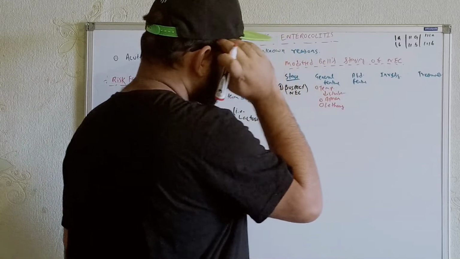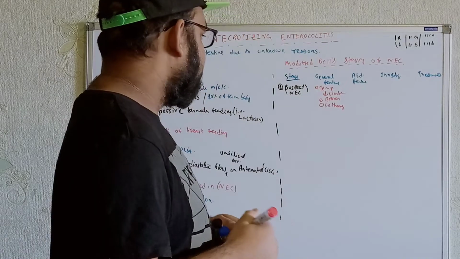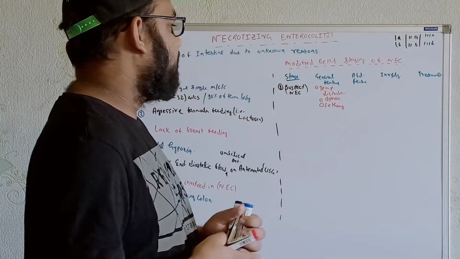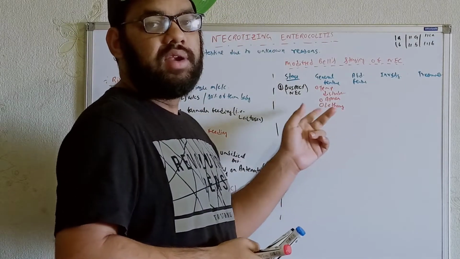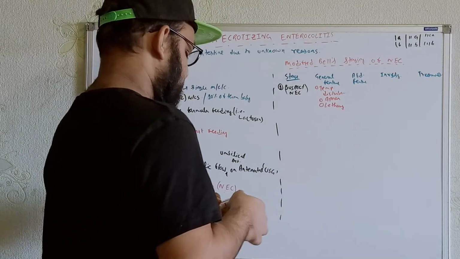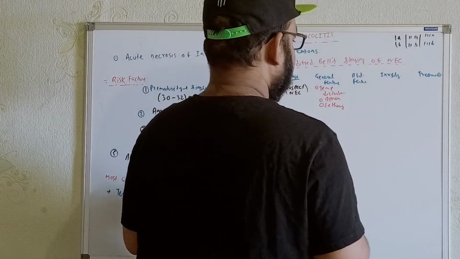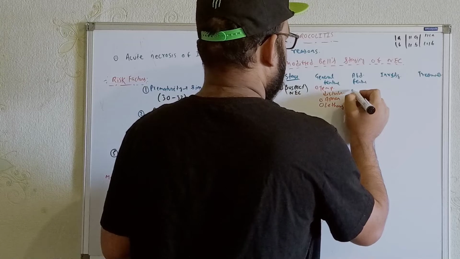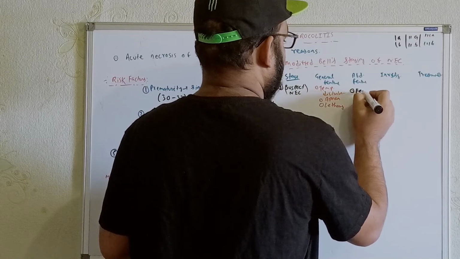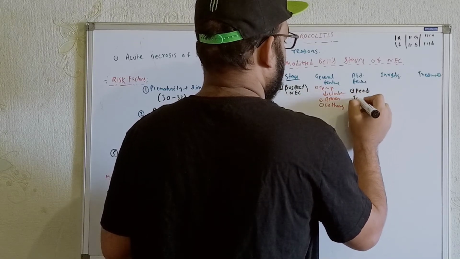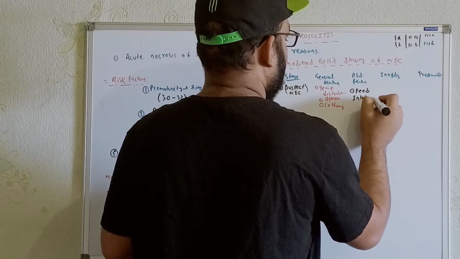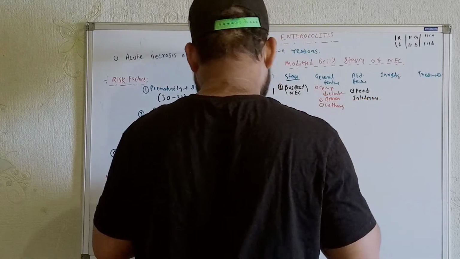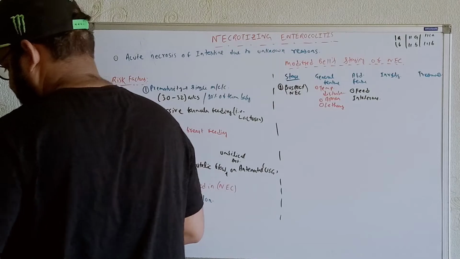And what about the abdominal features? In the first stage, suspect NEC, we'll get feed intolerance. Okay.